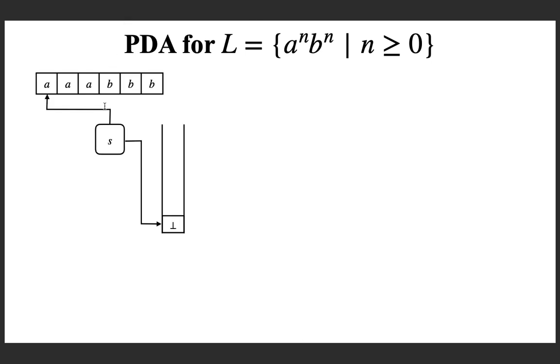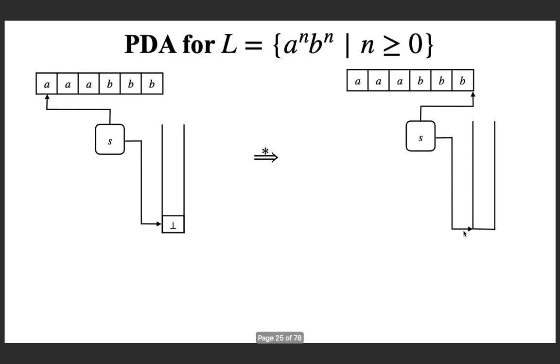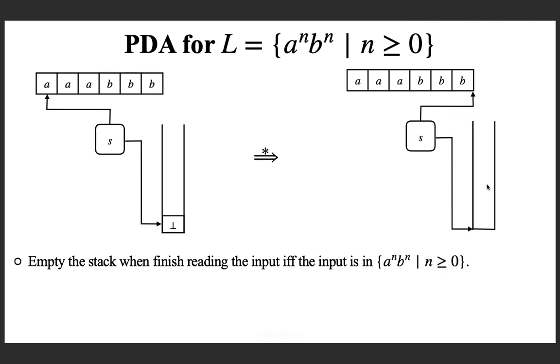Suppose you give the input aaabbb, it is in the language, and this is the starting configuration: start state, read head at the first symbol, and only the bottom of stack symbol. Let us say we want to accept by stack empty condition, that is, we want to finish reading and empty the stack if and only if the input is in the language.